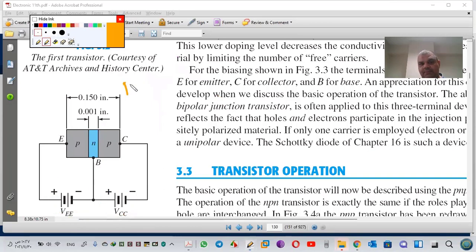The transistor has a name, bipolar junction transistor. Bipolar means 2. What are these junctions?